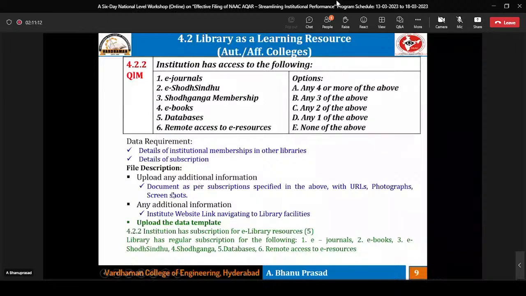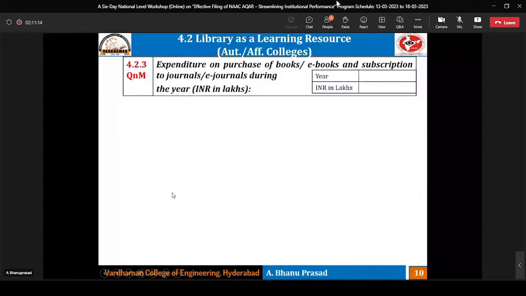Coming to the next, to maintain all this is not a simple matter. Apart from our regular facilities of classrooms, the library is also playing a major role for the students. So expenditure on purchase of books, e-books, subscription journals, all year-wise and in Indian rupees in lakhs.